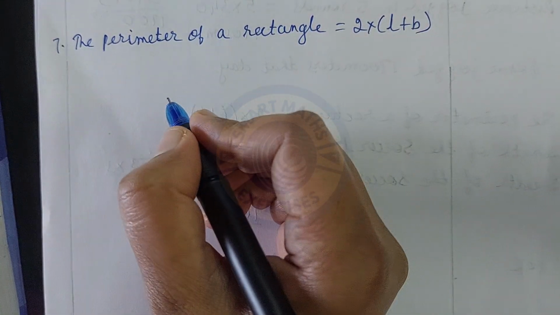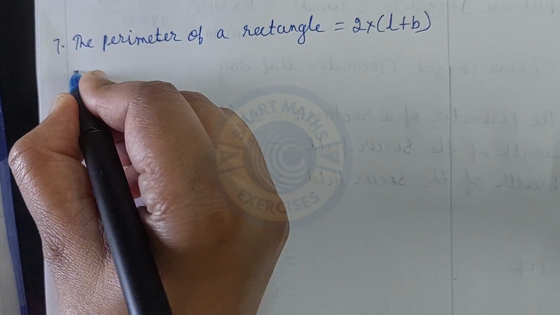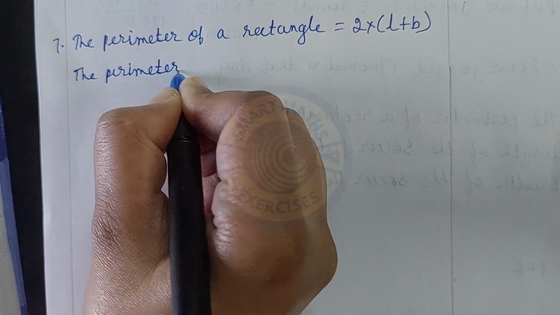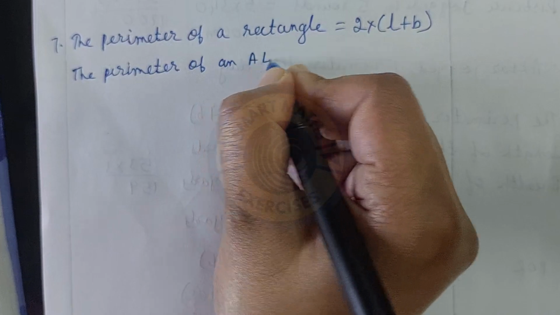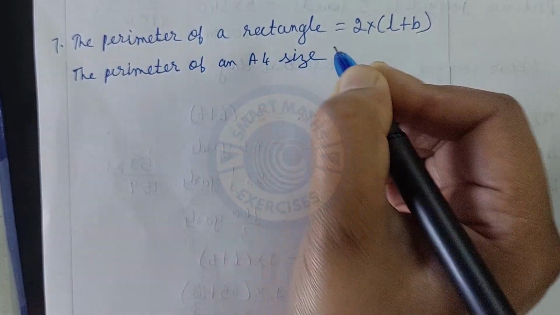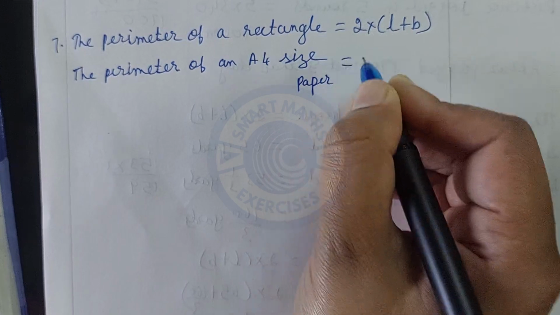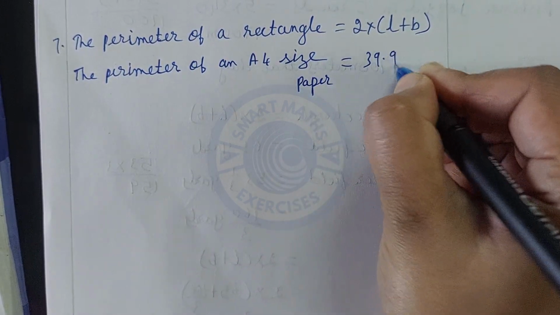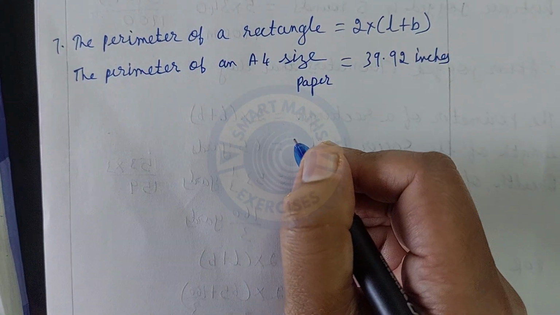Here perimeter of A4 size paper is given. Perimeter of an A4 size paper is equals to 39.92 inches.